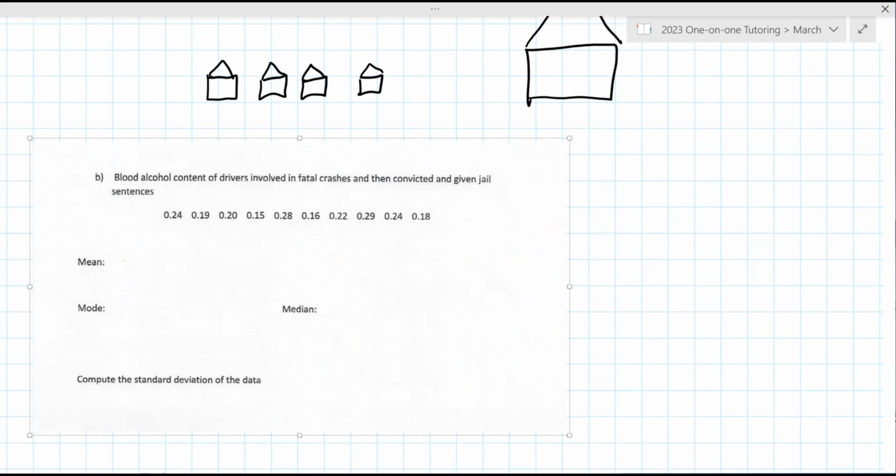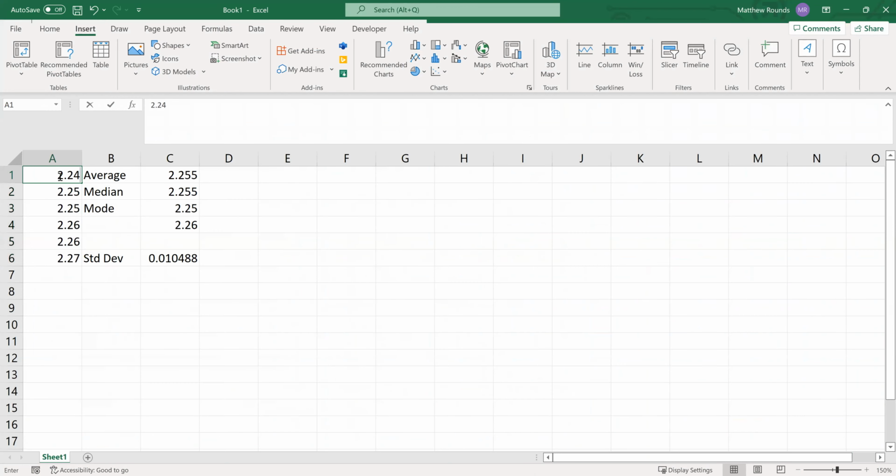We get our answers, and you'll see that as I start updating the values. So I'm going to start typing in those numbers, 0.24, and see how the average, median, mode, they're all starting to change as I do this. And that's what's really cool about Excel: it'll do the data manipulation on the go, and you can see everything update in real time.